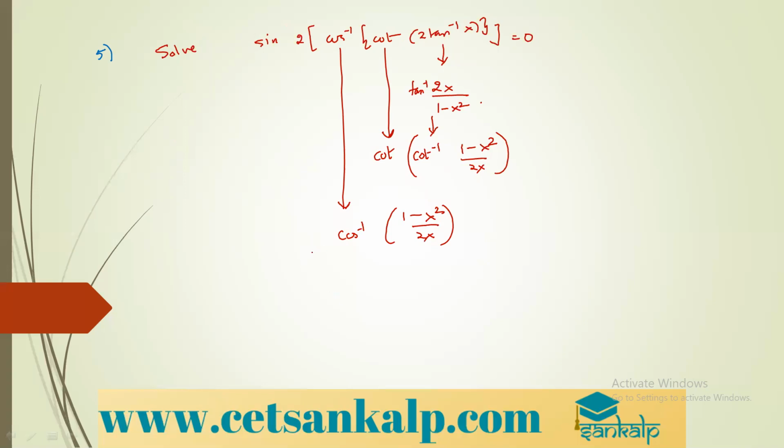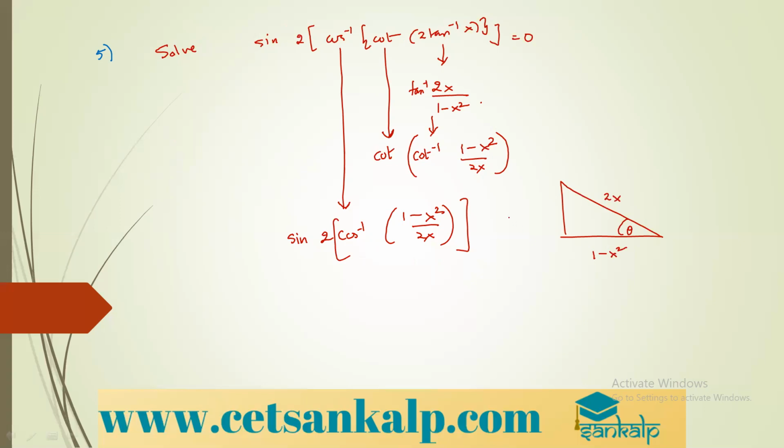And outside cos inverse means, how can you write? Because you have sine of 2 cos inverse. So suppose if you take a right angle triangle, adjacent is 1 minus x square and opposite is 2x.